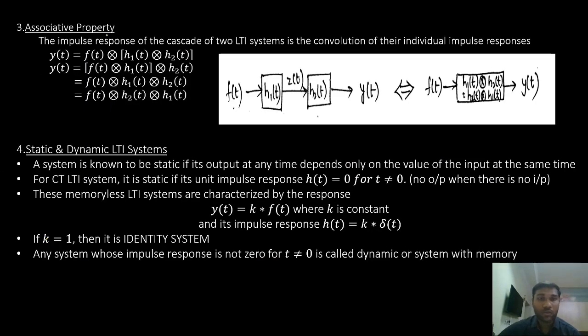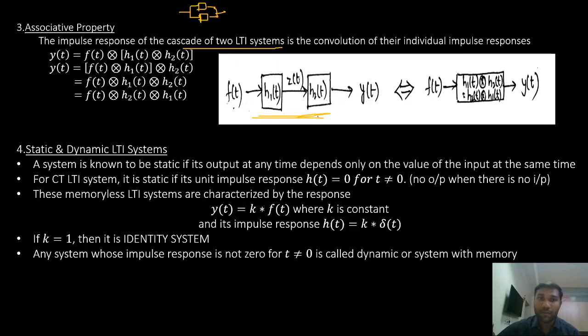Then we'll look at the associative property, the impulse response of the cascade of two systems. In the distributive property, we had a parallel combination of two systems. Now in the associative property, we have a cascade or series combination.